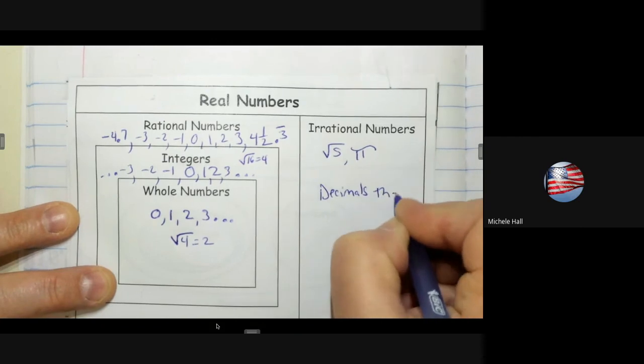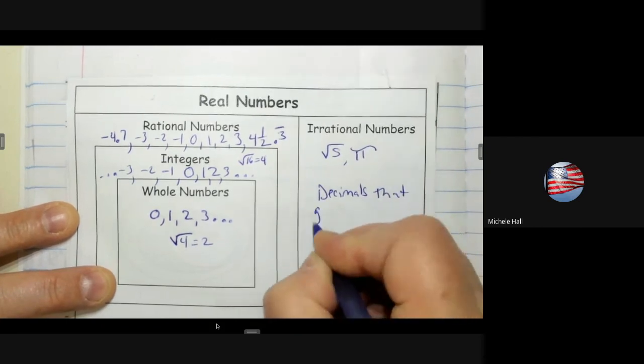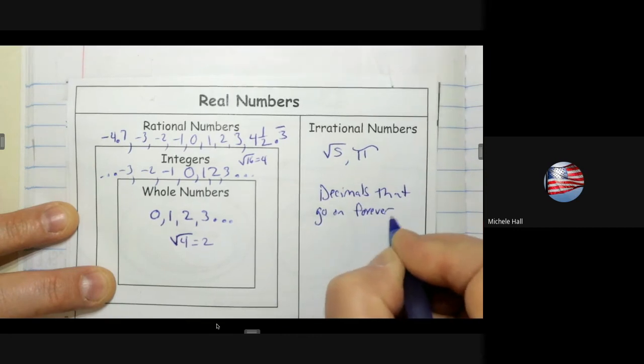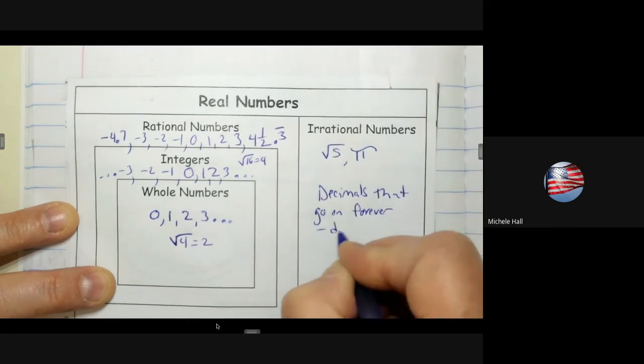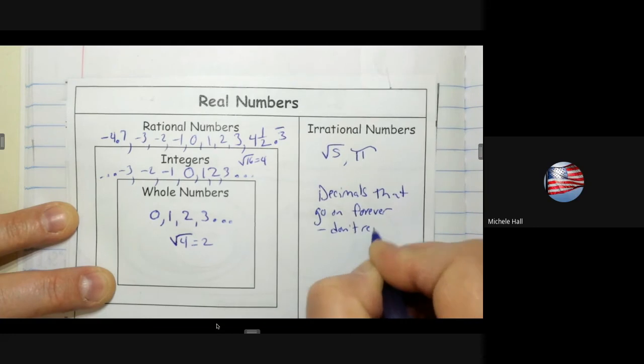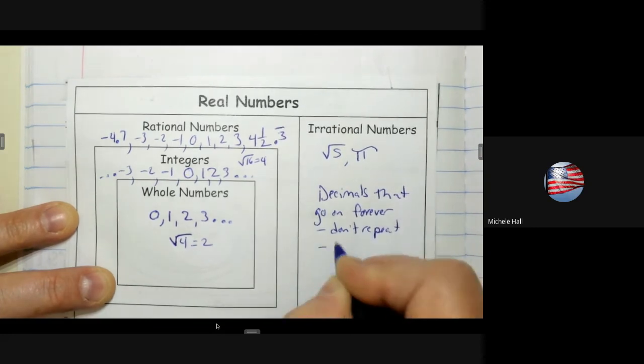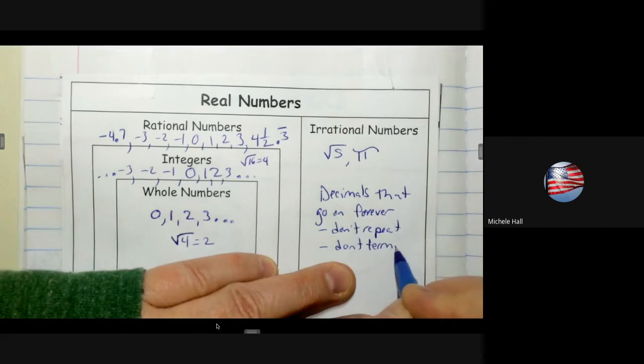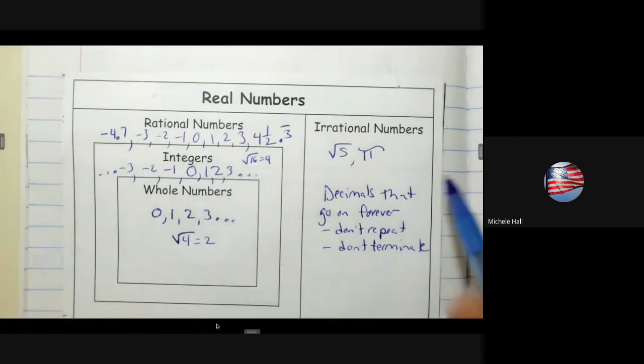Decimals that go on forever, don't repeat, and don't terminate belong under irrational numbers.